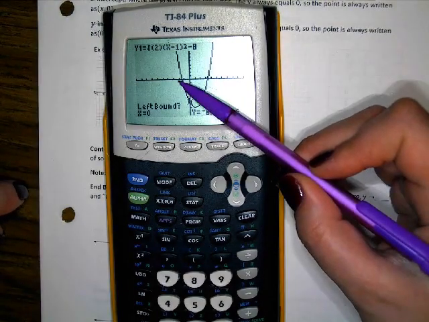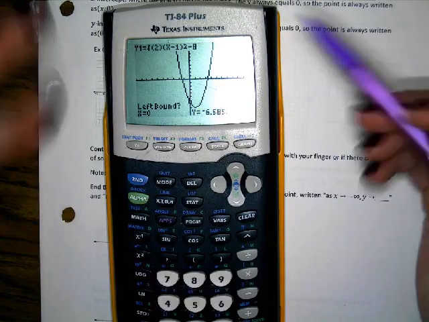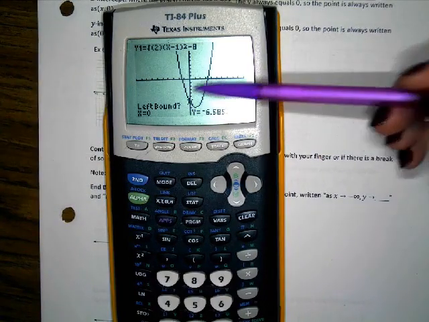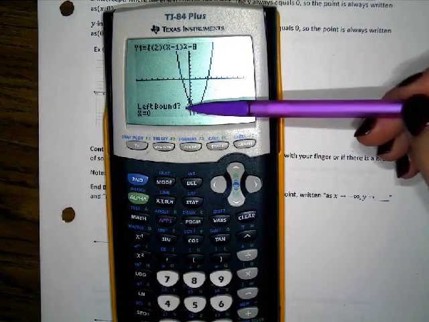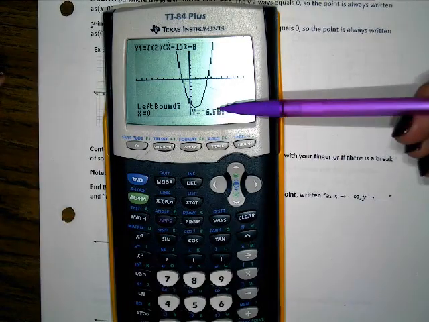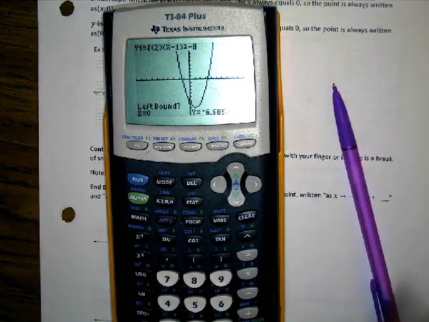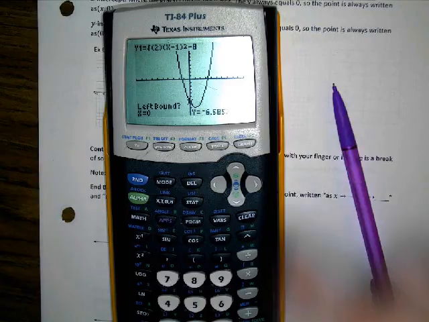And so what you're going to do is you're going to tell your calculator, I think the answer is in between these two numbers. So you can be really accurate when you're telling your calculator where to look, or you can be really lazy when you're telling your calculator where to look. It doesn't matter, your calculator will do just fine. So I like to be lazy, so when my answer is over here, on the left side of the graph, I tell my calculator to look between -10 and 0.